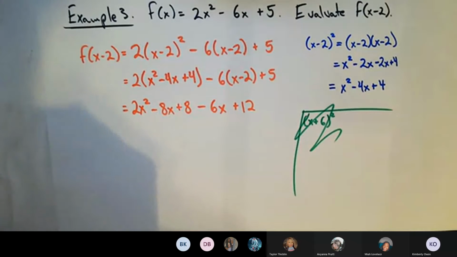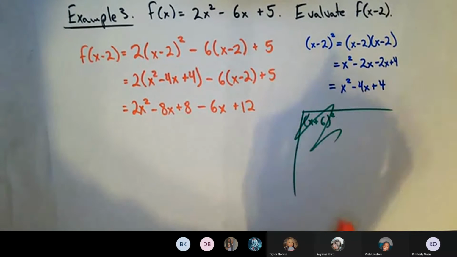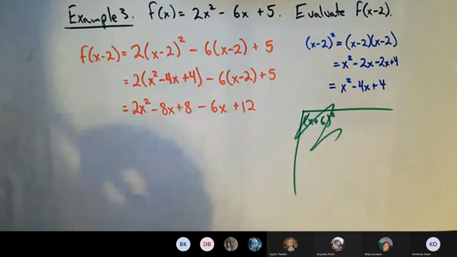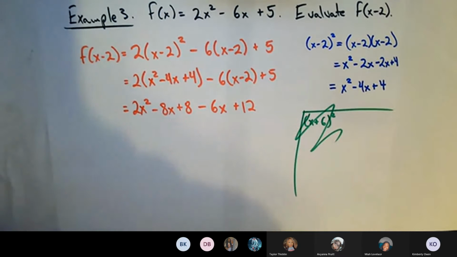Okay. And Nikita, I'm forgetting something. What's the last thing I need to do for this step? Devin, what's the last thing I'm forgetting for this step? Combine like terms.